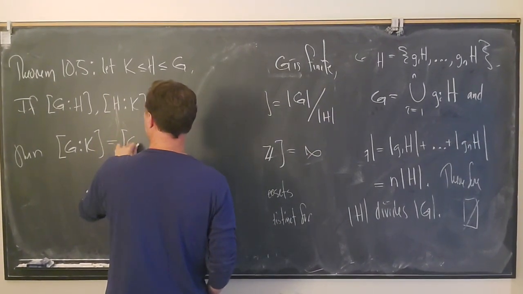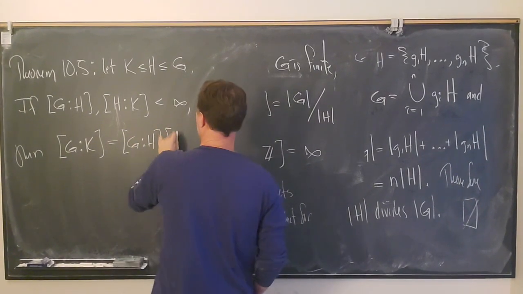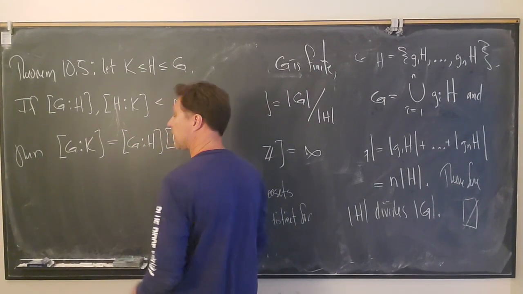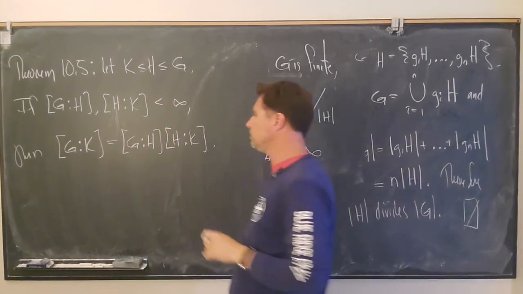It's equal to the index of H in G times the index of K in H.